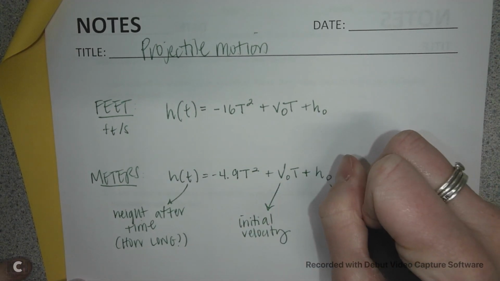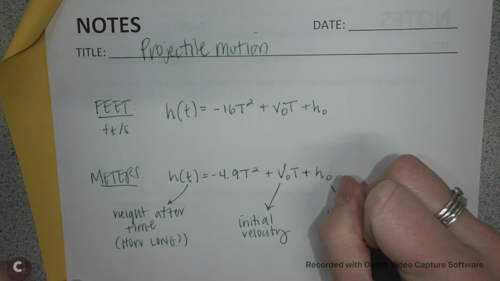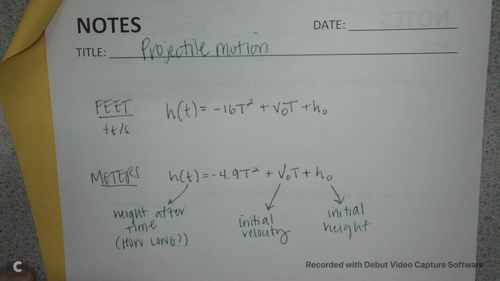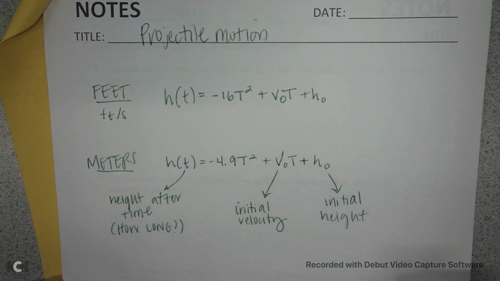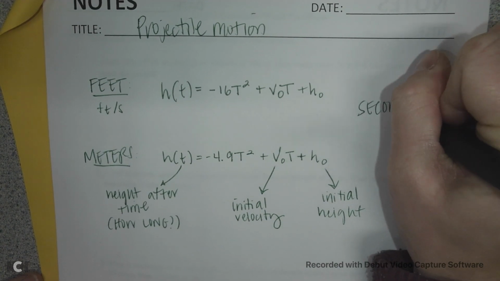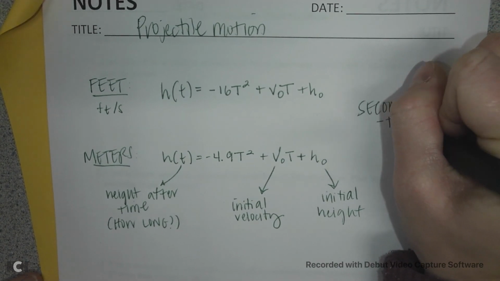And this h naught or h sub 0 is your initial height. Okay, usually we're talking about seconds for our time.